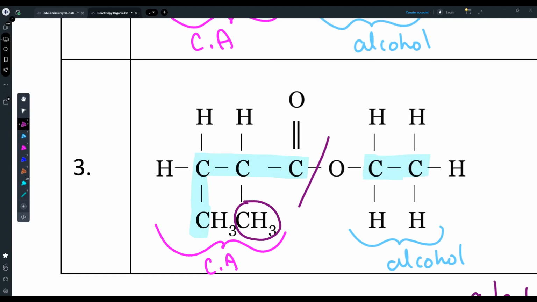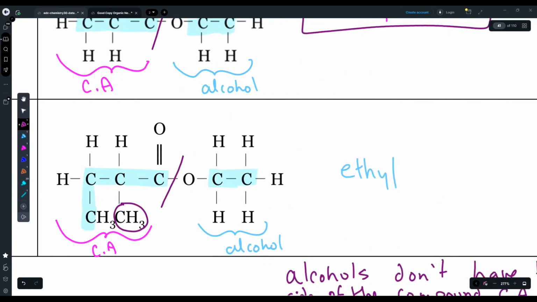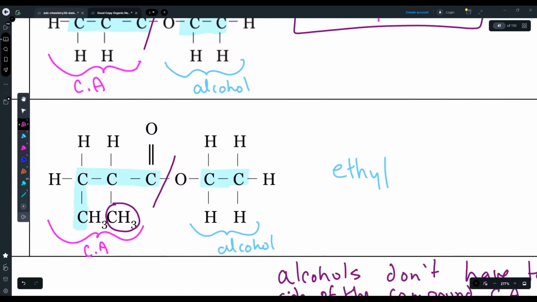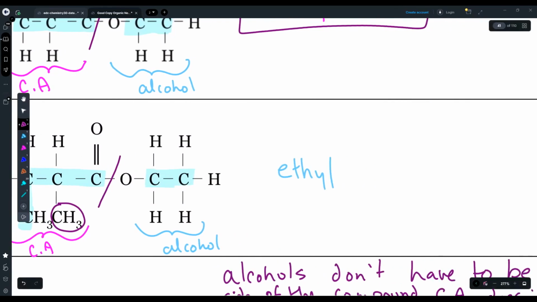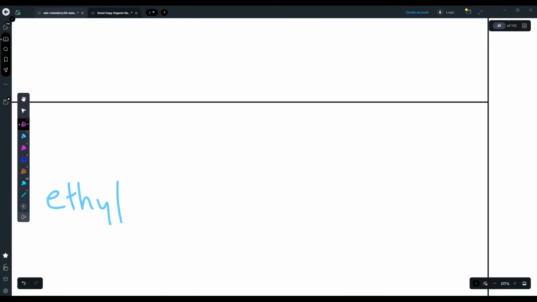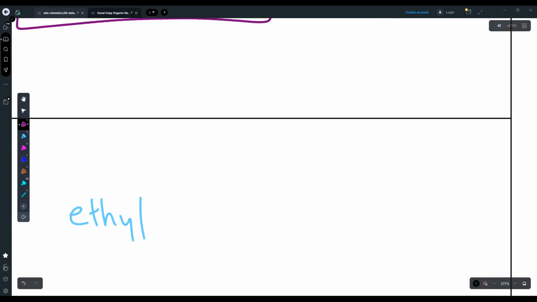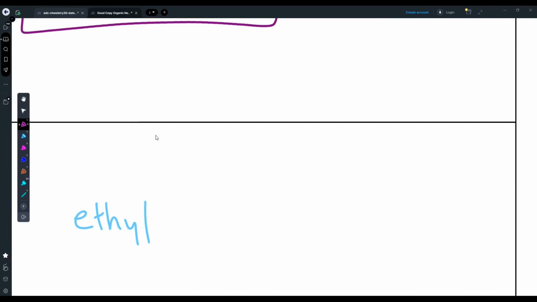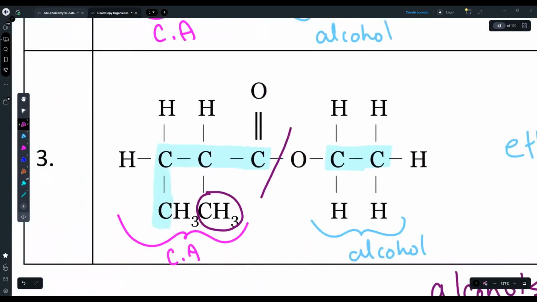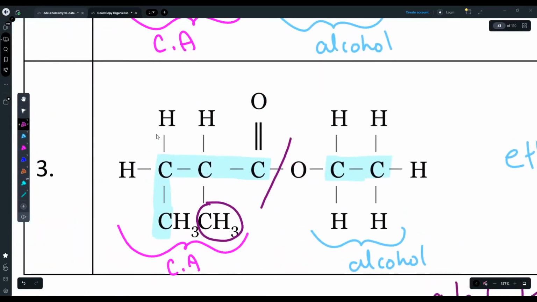Okay, so if I was naming this as a carboxylic acid, the branch, numbering it, I would go 1, 2, 3, 4, because remember this carbon always has to be carbon number 1.